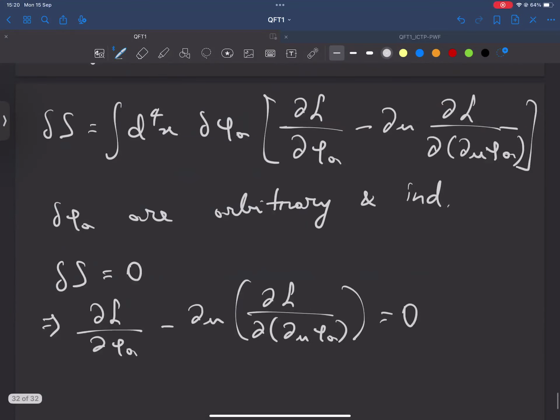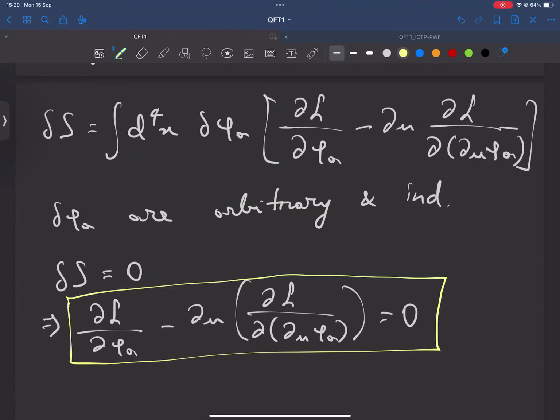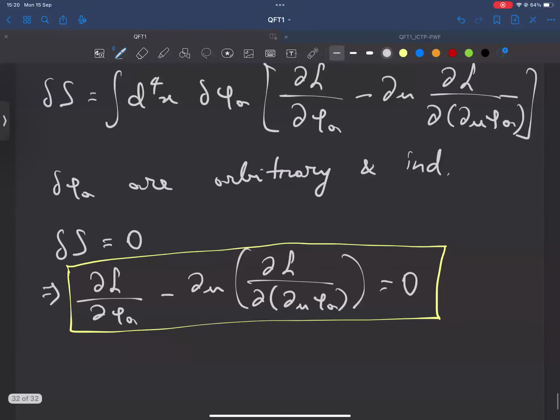Okay, and this is again just the field theoretic version of the Euler-Lagrange equation which you studied in classical mechanics. Just there are more indices, an infinite dimensional space where the functions live, and that's it. So this is what is called the Euler-Lagrange equation.